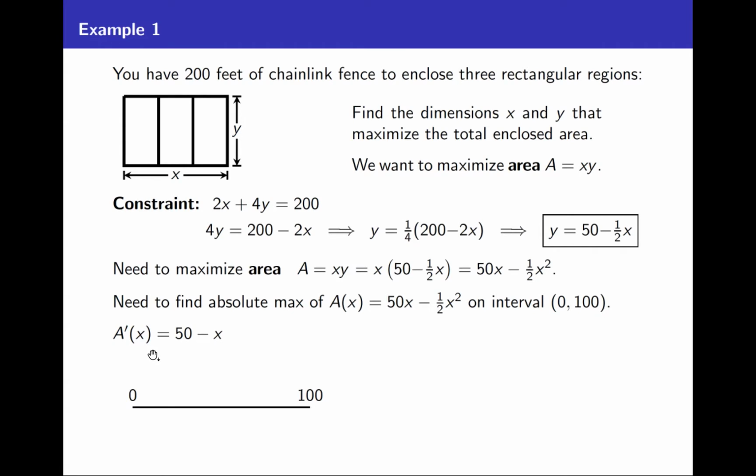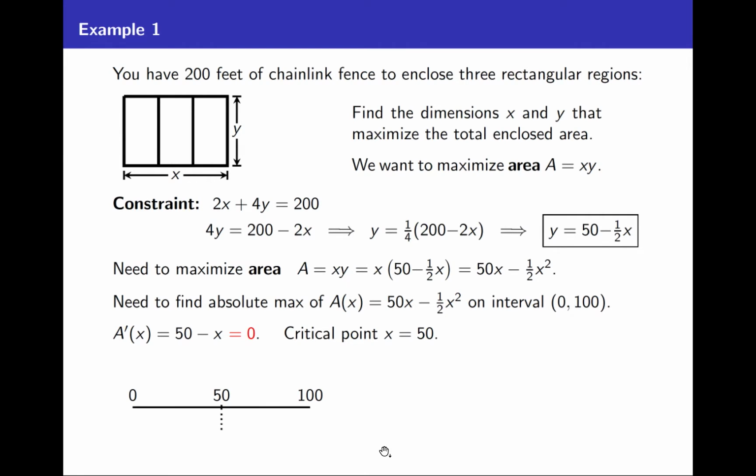We start off by taking the derivative of area, A prime of x, the derivative of this function that we want to maximize, and it's 50 minus x. And wow, that's so simple. It's going to be easy to find the critical points. There are no values of x that make that derivative undefined, so we look at what values of x would make it equal to 0, and it's just x equals 50. Our critical point is x equals 50. So let's put that down there.